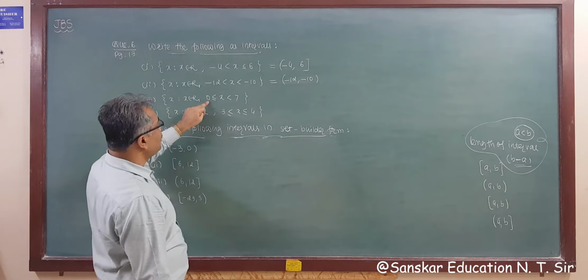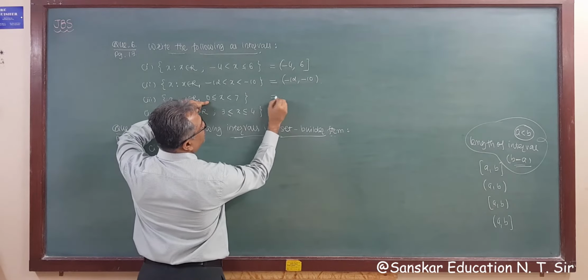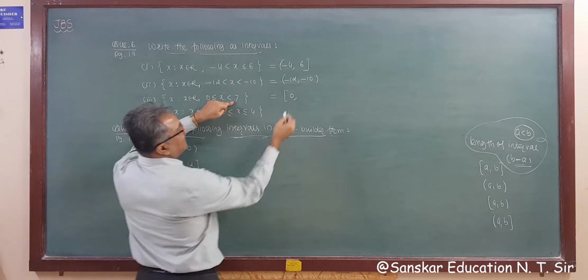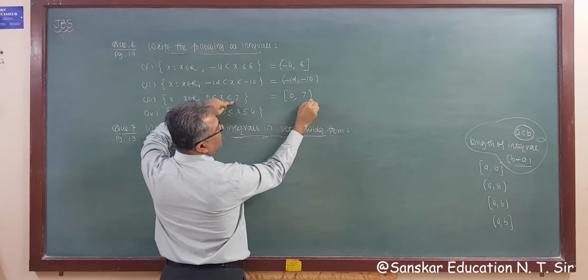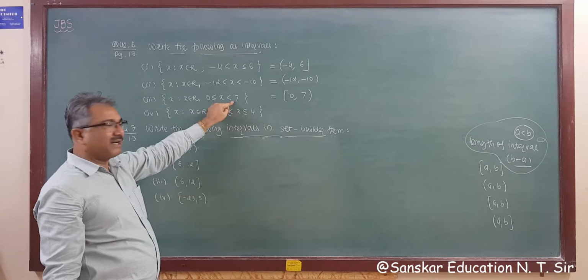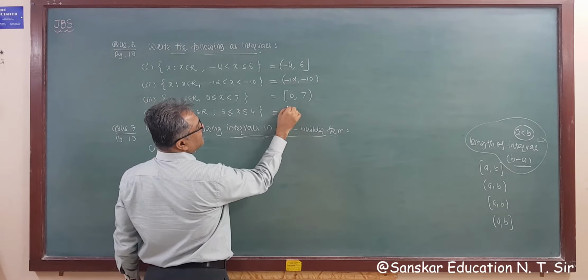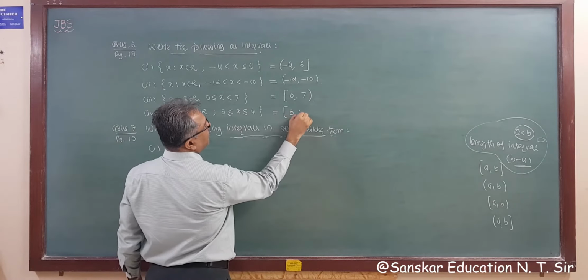So now here 0 is less or equal to, which means 0 is included, so closed interval means square bracket at 0, and 7 is not included, so small bracket. Now both 3 and 4 are included, so we can express this as [3, 4].